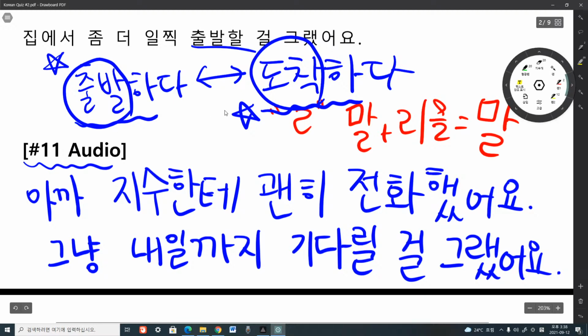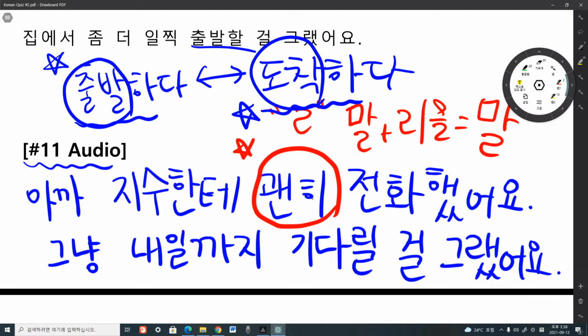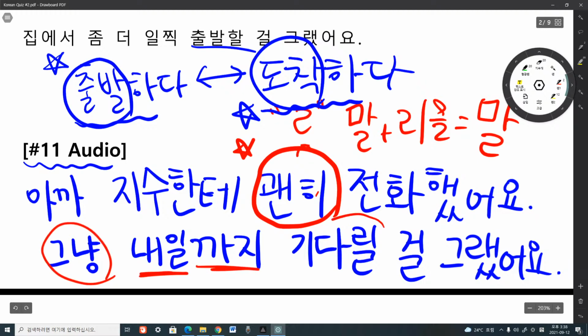Thank you for the active participation, guys. 맞아요. So you can see that the 괜히 expression is used. 괜히, it's pronounced 괜히, right? So this 히읗 pronunciation gets kind of muted because it's combined with the 니은 받침, right? 괜히 전화했어요. 그냥 내일까지, by tomorrow, 기다리다, 알죠, 여러분? 기다리다.